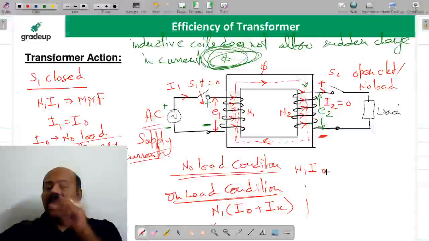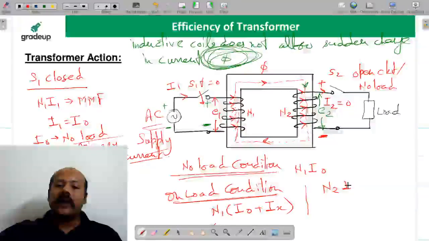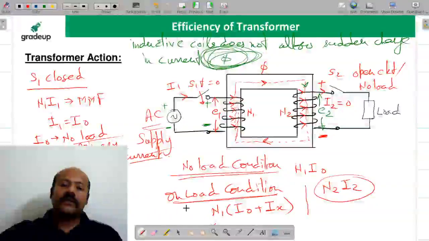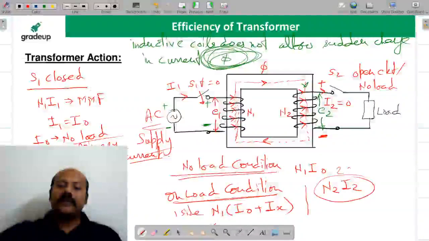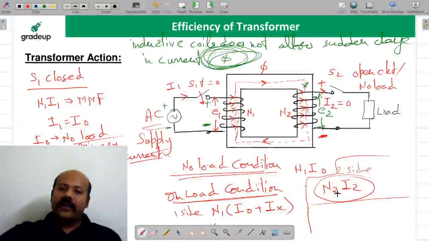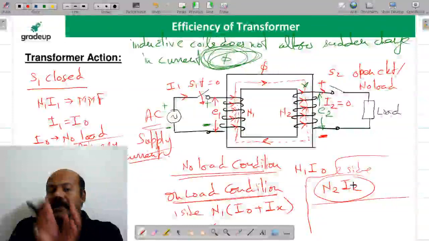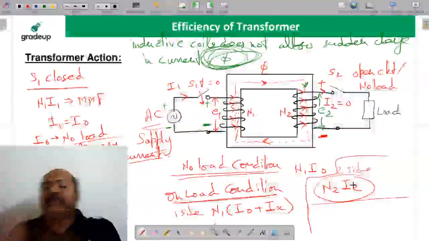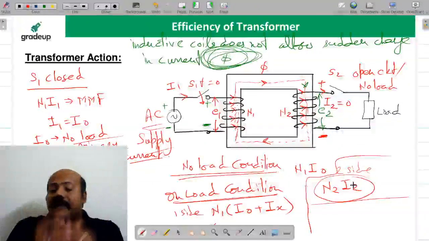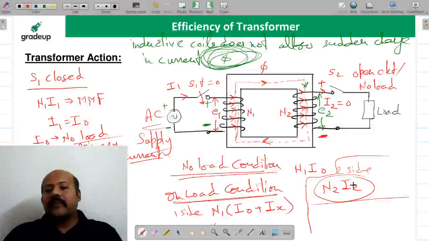And at the secondary side, what is the MMF? That MMF was N2 I2. This is the primary side, and this is the secondary side in case of load condition. And what is transformer action? You tell me. Transformer action is that the MMF, because of the current in the secondary winding, is going to be compensated by extra current drawn from the primary circuit, the supply connected to the primary circuit.